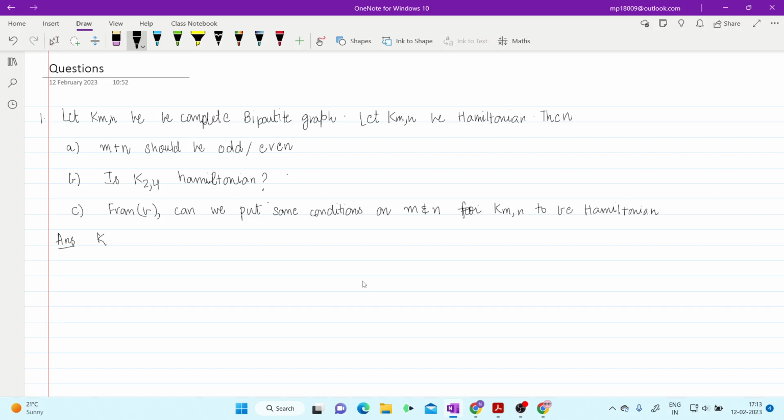We are assuming that this is a Hamiltonian graph, and we don't have any necessary and sufficient condition for Hamiltonian graphs. So it is not necessary that all the vertices in a Hamiltonian graph be even, nor is it sufficient. First of all, we are given that Kmn is a bipartite graph.